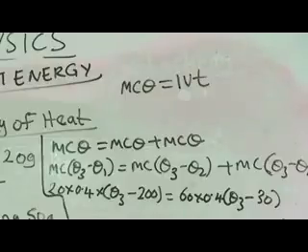The specific latent heat of fusion is the quantity of heat required to change the unit mass of the substance from solid to liquid state at the same temperature, while the specific latent heat of vaporization of a substance is the quantity of heat required to change the unit mass of the substance from the liquid to the vapor state at the same temperature. That is the basic knowledge that is needed in our calculation.